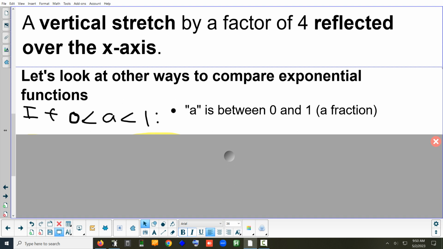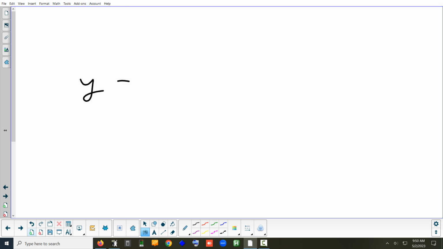All right. So what we didn't look at yesterday is what happens if A is a decimal, okay? Or what happens if A is a fraction. We looked at what happens if A was like 3 or 4 or 5, but we didn't look at what happens if you had something like this. What happens if the A is 1/3?